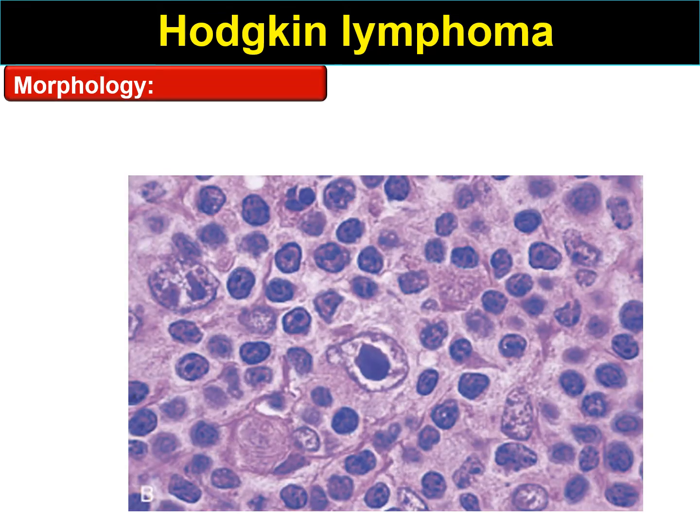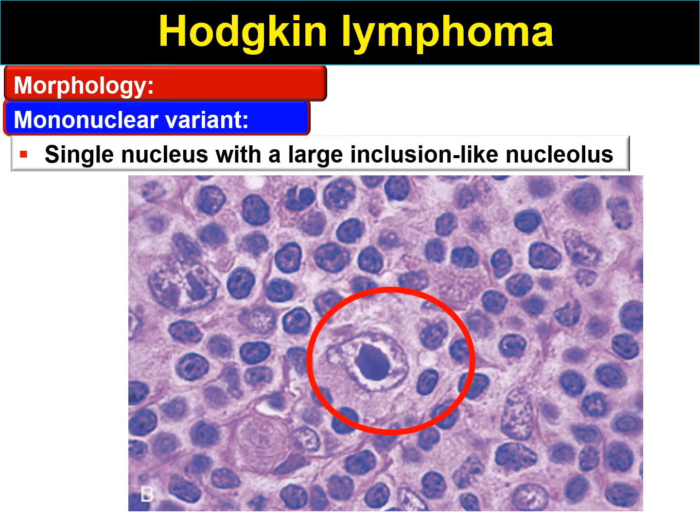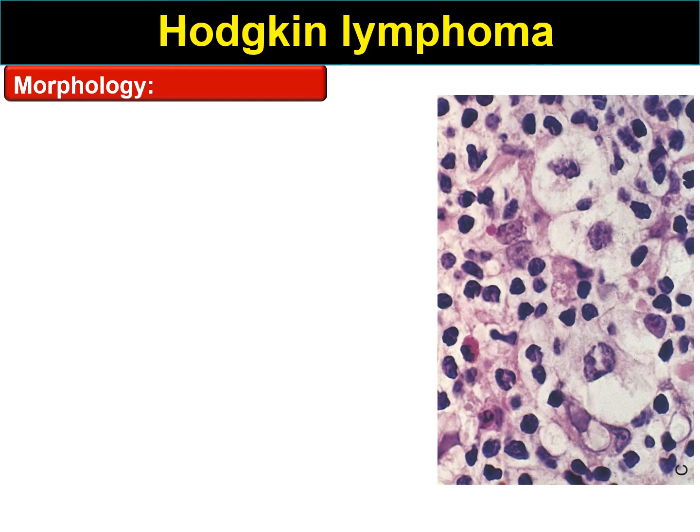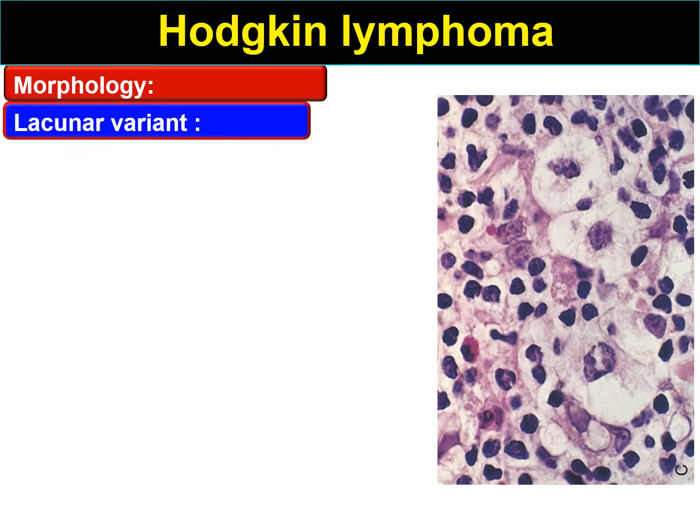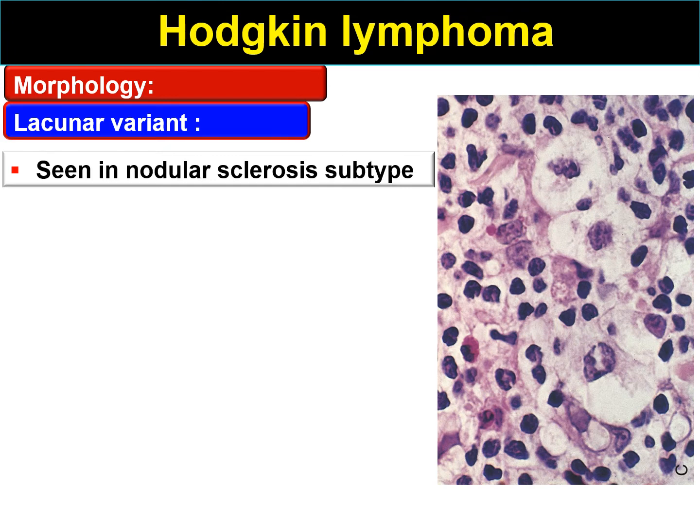One variant of this Hodgkin lymphoma cell or Reed-Sternberg cell is a mononuclear variant. It has got a single nucleus with large inclusion-like nucleolus. The lacunar variant is named so because the nuclei appear lying in a lacunae or hole.